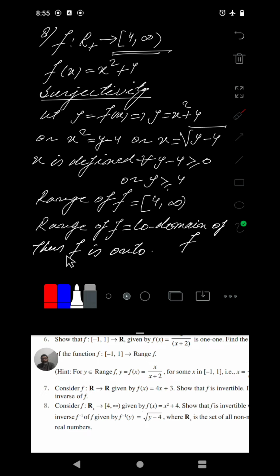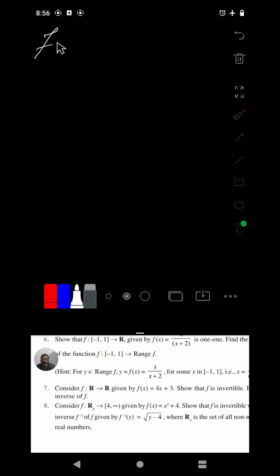And since f is 1-1 as well as onto, f is a bijective function. And since f is a bijective function, f is invertible. So we have shown that f is invertible, and now we have to show that f inverse of the function is given by under root y minus 4.